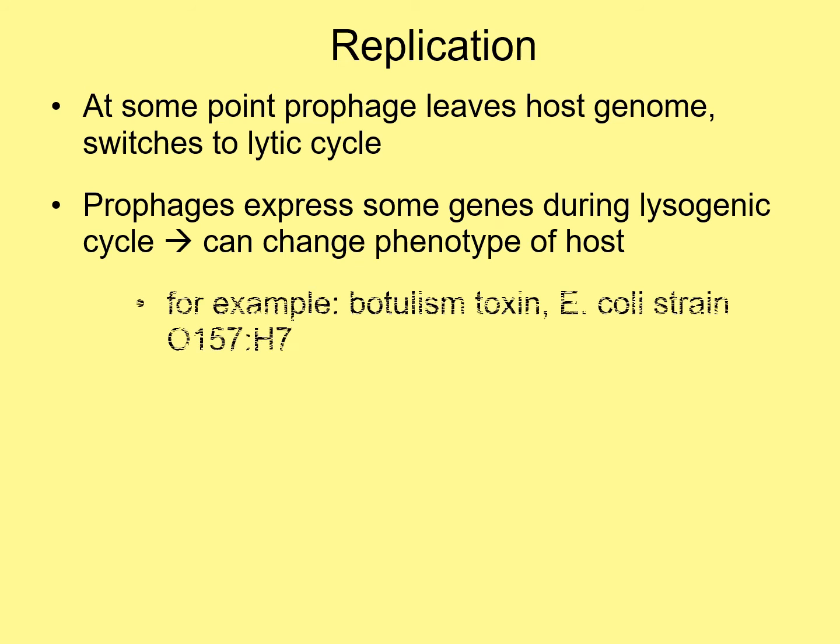So you basically have this extra code in your genome, and bacteria basically express every gene that they have, pretty much, unlike eukaryotes, which have whole mechanisms for turning genes off to where they are never expressed in a particular cell. Bacteria don't really have that mechanism, and so if they have the genetic code, they're going to make the protein product at some point. And of course, this can be bad news for the host. Basically, expressing viral DNA and viral proteins can change the behavior of the host.